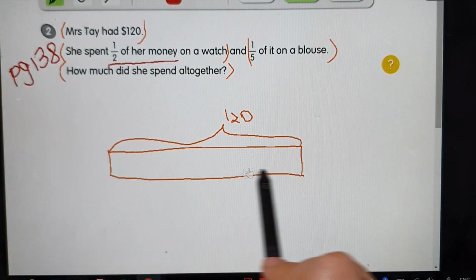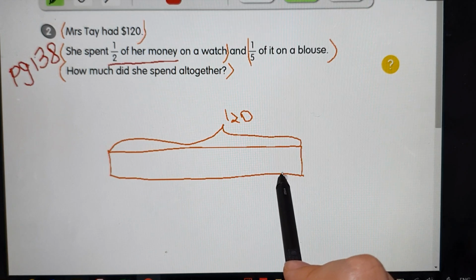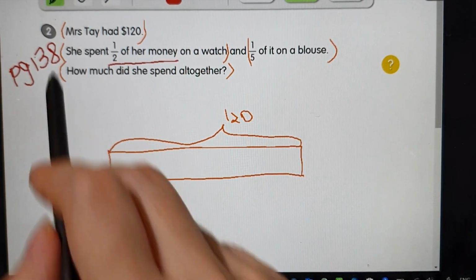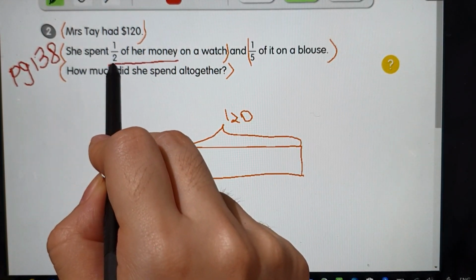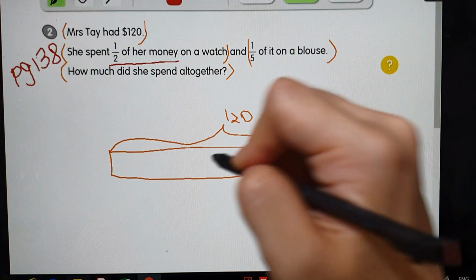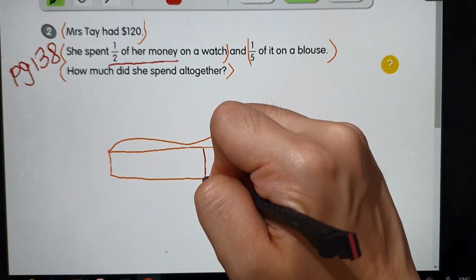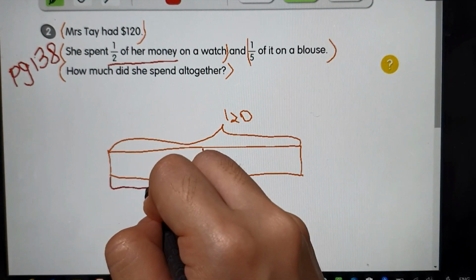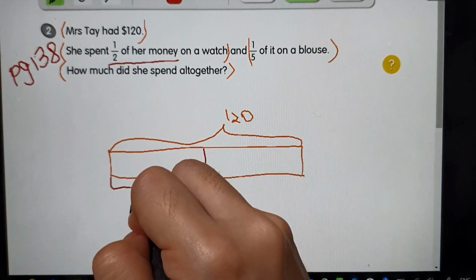So for 120, how many parts am I going to cut it into? Yes, I will first cut it into 2 parts because the denominator for half is 2. So I will cut 120 into 2 parts like this. And I know that she's going to spend this amount on the watch.